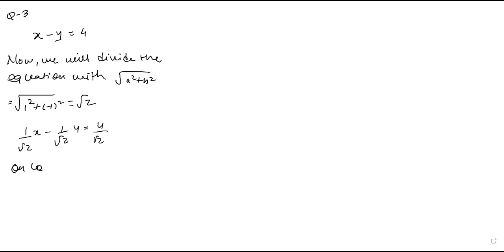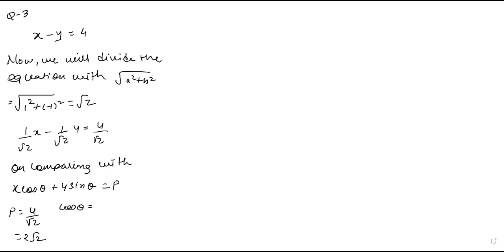On comparing with x cos theta plus y sin theta is equal to p, my perpendicular distance will be 4 by root 2, which can be further solved as 2 root 2. My cos theta will be 1 by root 2 and sin theta will be minus 1 by root 2.